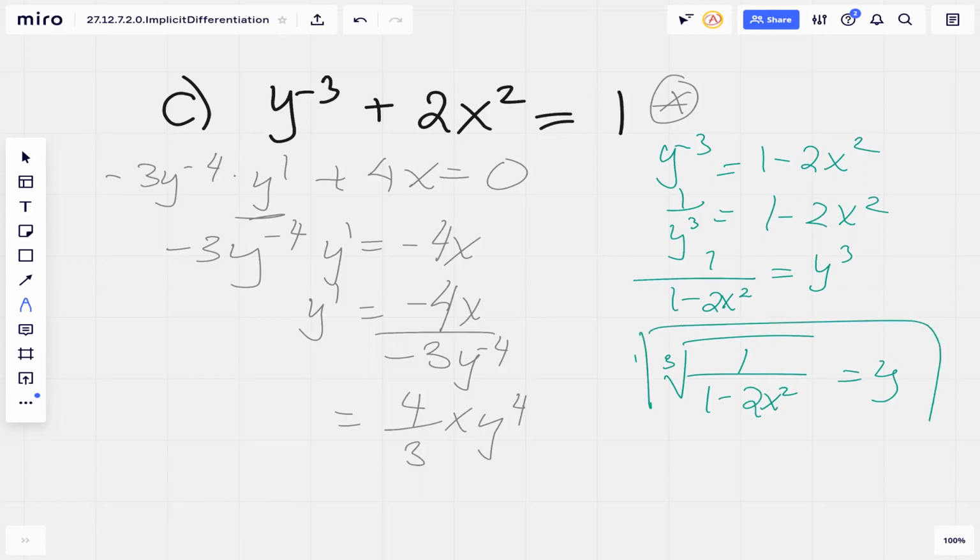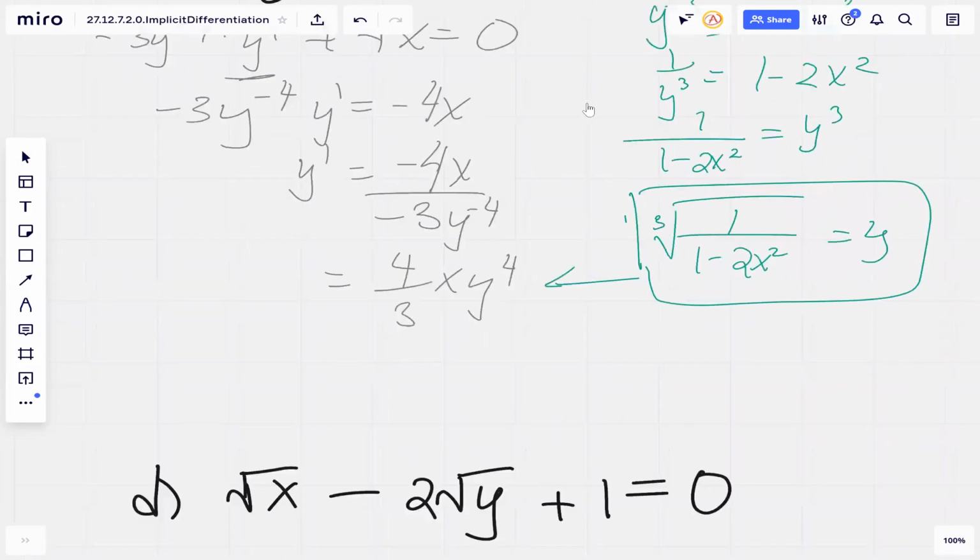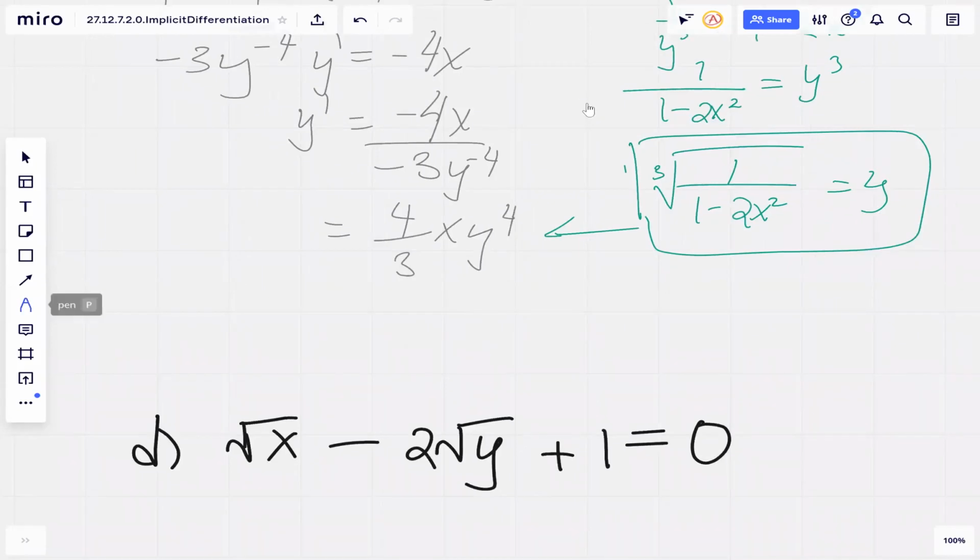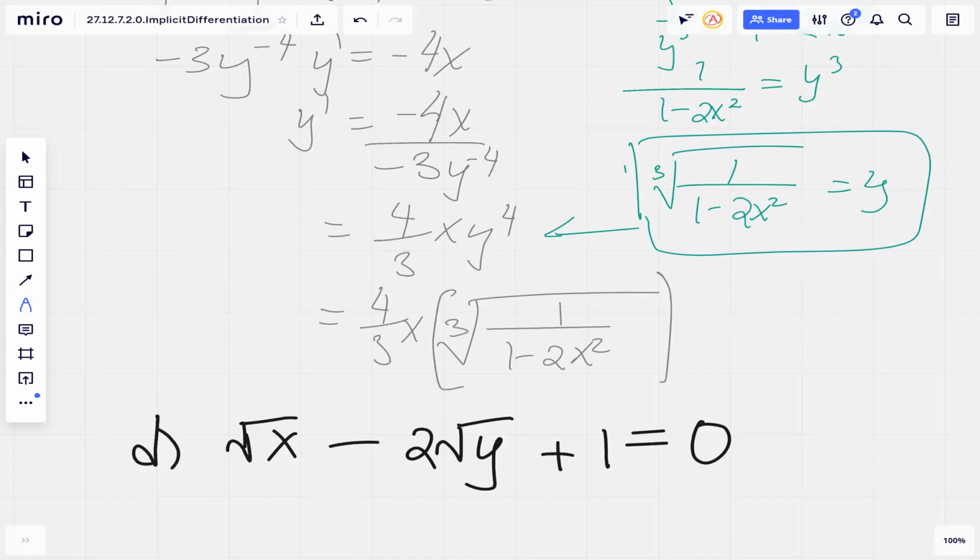We're going to take that and plug it in here. And let's see what we end up with. Equals 4 over 3 times x times y, the cube root of 1 over 1 minus 2x squared, all raised to the power 4.